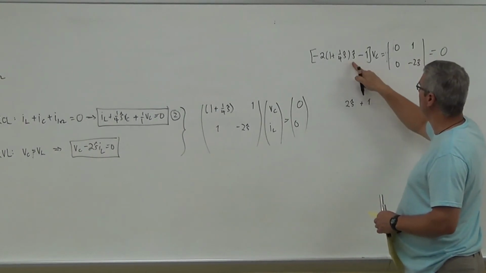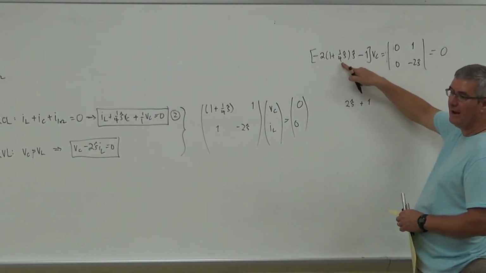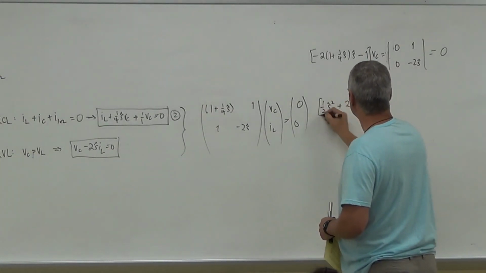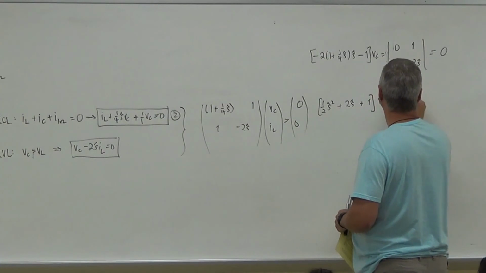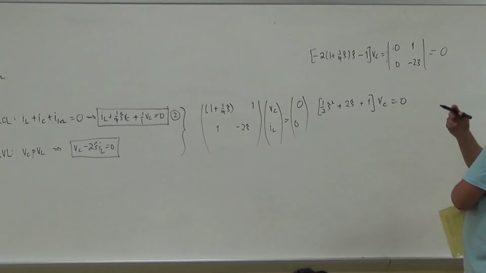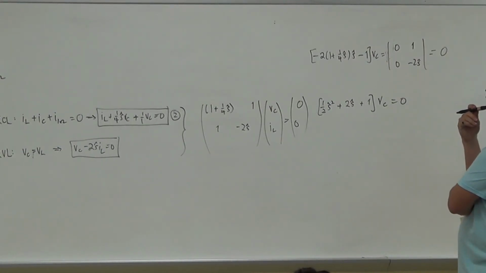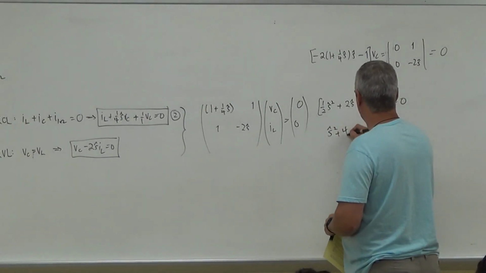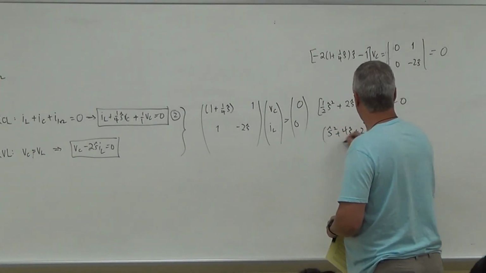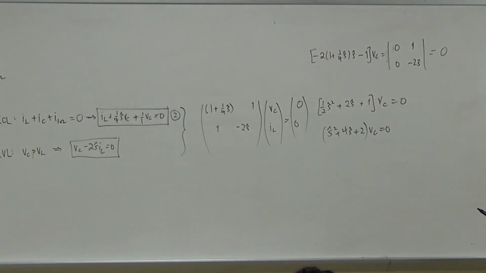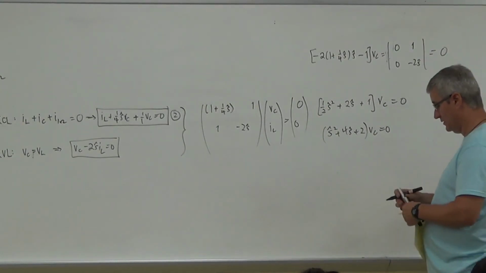And then I need the s squared term, so that 2 gives me a 1/2, so I should get 1/2 s hat squared plus this. Now let me check my algebra here. Is that right? I think so. Yes, that's correct. Okay, so here's my equation.